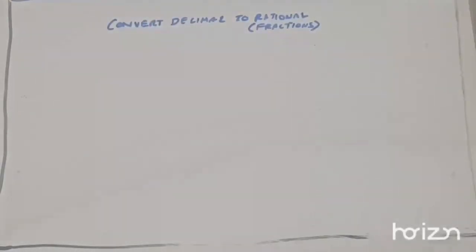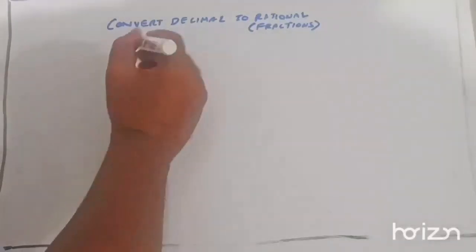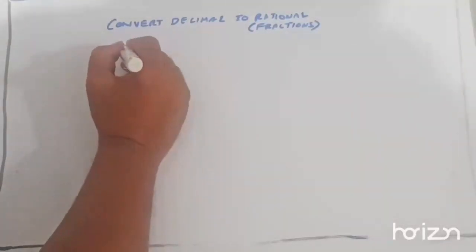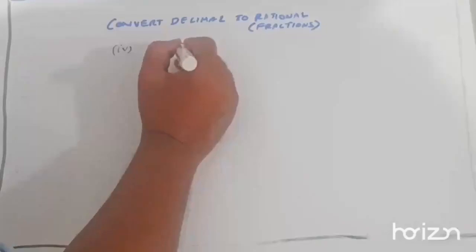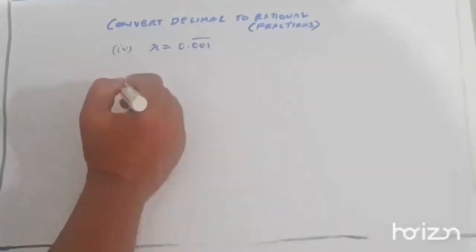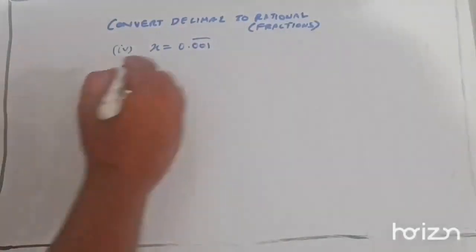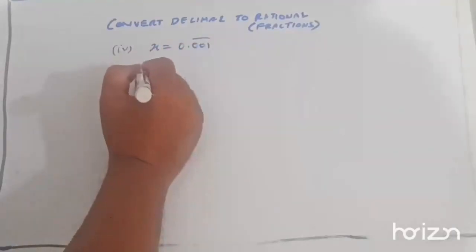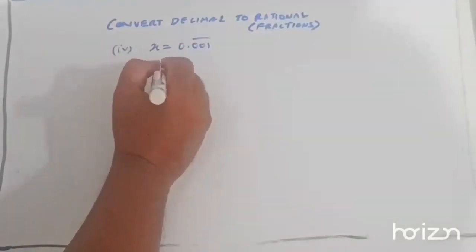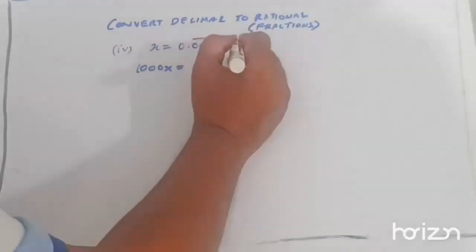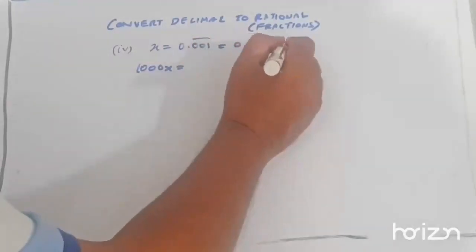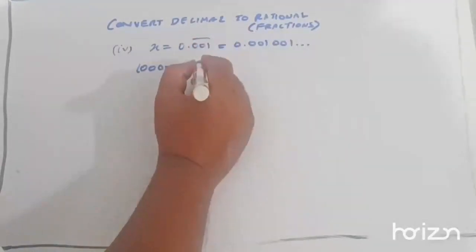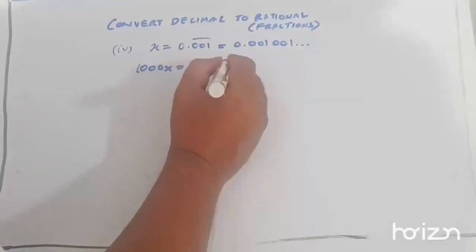Now let's take one more case. Let's take x is equal to 0.001 recurring, which means there are three decimal places which are recurring. So we do 1000x here, because see, 0.001001, it's going like that. So 1000x will give us 1.001001 recurring, right?